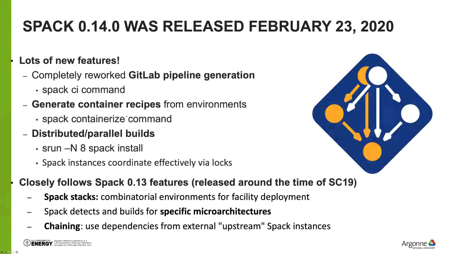Other features that are included now are recipes for being able to build containers directly from environments. There's a containerize command, which allows you to build out a container based on an environment. And also there's support for distributed or parallel builds.